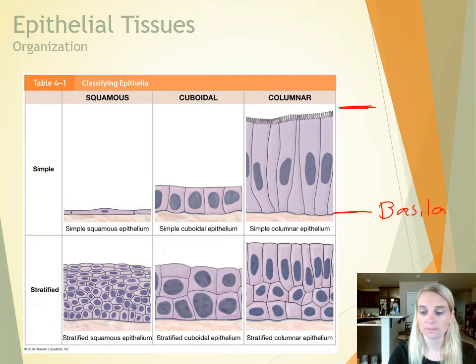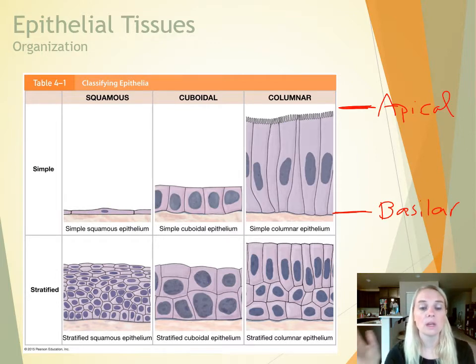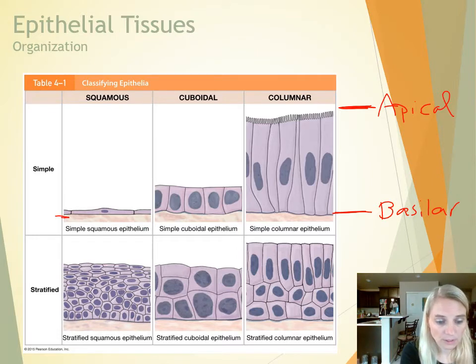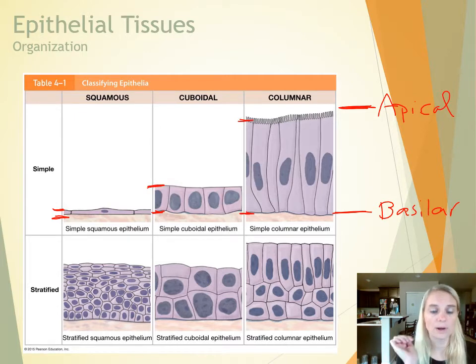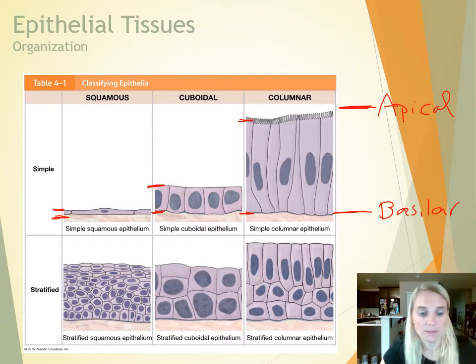Basilar and apical, always. That's the definition of an epithelial tissue. So find your basilar surface and apical surface for each one, and once you find those boundaries, look at the shape of the cell.